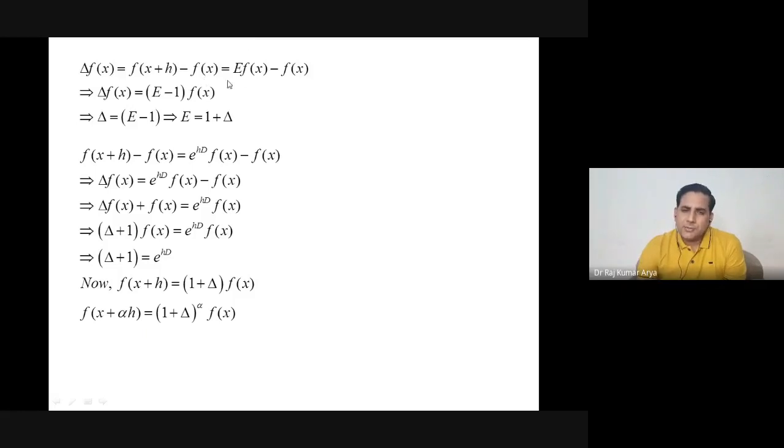Practically, f(x plus h) is the shift operator applied to f(x). If you take f(x) common here, your delta is coming as E minus 1, or E is coming as 1 plus delta. So your shift operator is equal to 1 plus the forward difference operator.